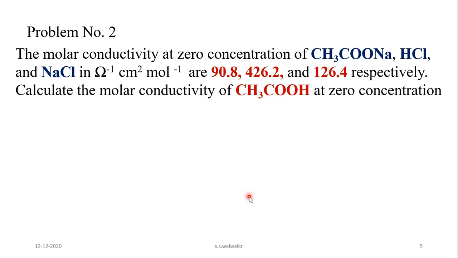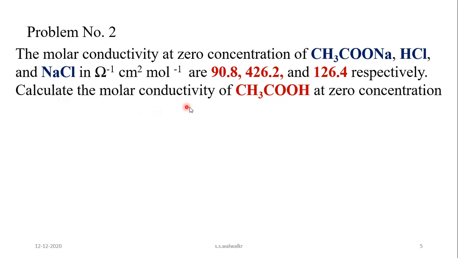Now see another problem. The molar conductivities at zero concentration of sodium acetate, HCl and sodium chloride, in Ohm inverse centimeter square mole inverse, are 90.8, 426.2 and 126.4 respectively.